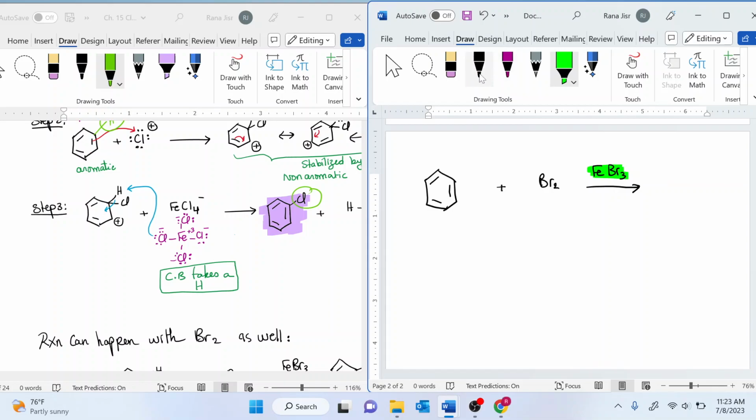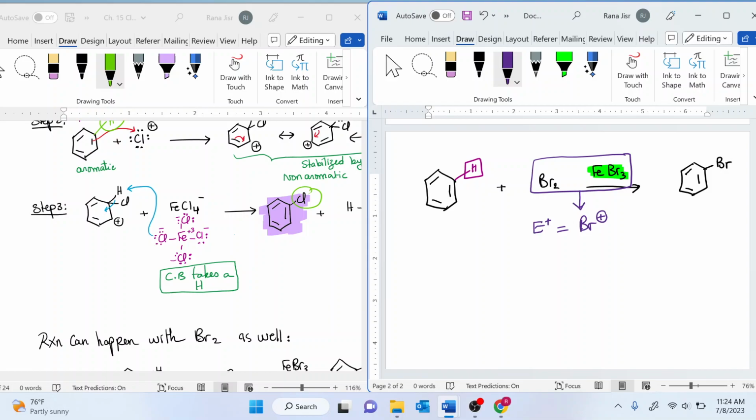And the reaction is going to be carried out by a simple substitution of this hydrogen over here with a bromine. And throughout the process, the bromine and the FeBr3 are going to react with each other in order to generate my electrophile, which is the Br plus in this case.